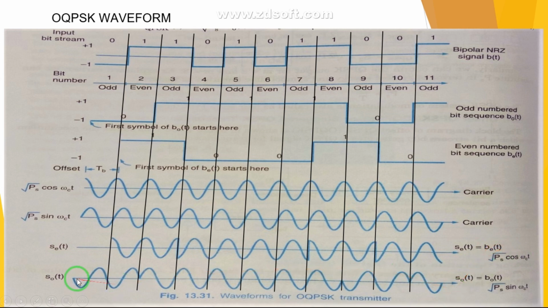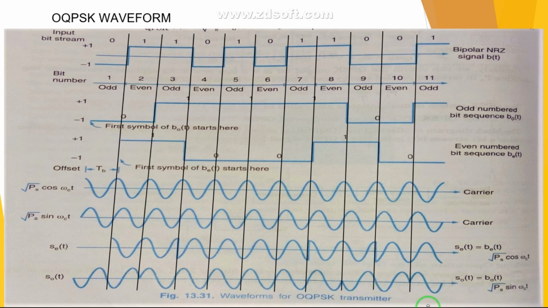Similarly, this is the output of your second multiplier. You can see the transition taking place, so there is a phase shift at this instant, and the phase shift occurs at this instant. So we can write S of OT is equal to B of OT into root PS sine omega CT.